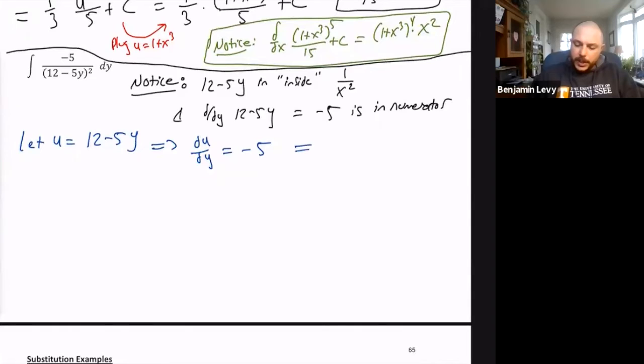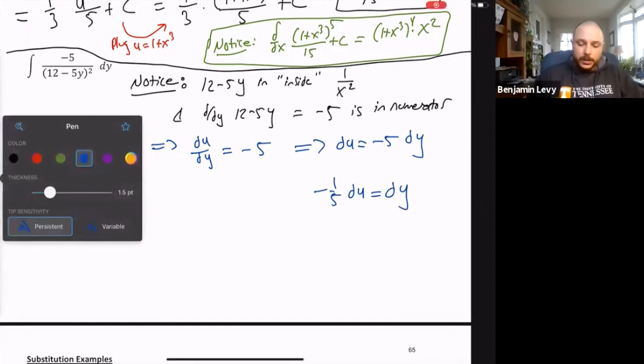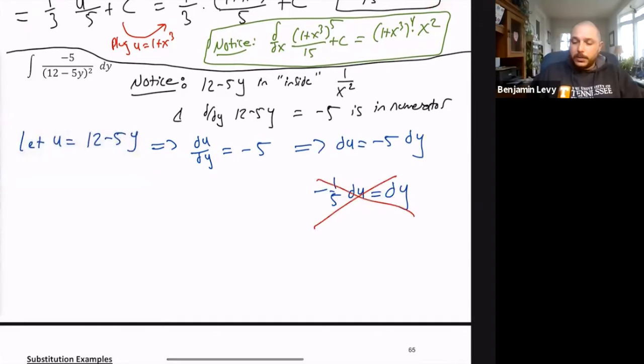And so get du by itself would become du equals minus 5 dy. Now in the last problem, this is where we divided the 1/5 to the other side. We did this kind of thing in the last one. And what I'm going to try to convince you in this one is this is not what we do here.